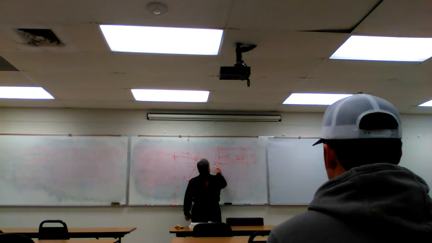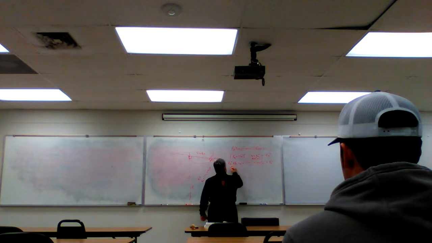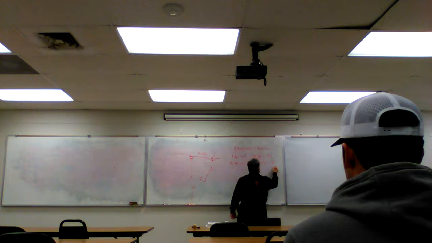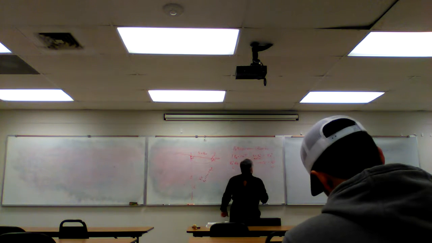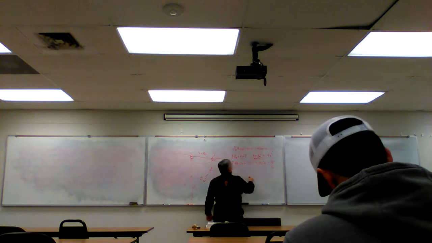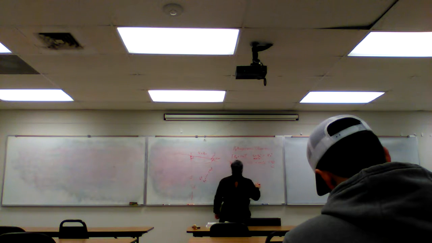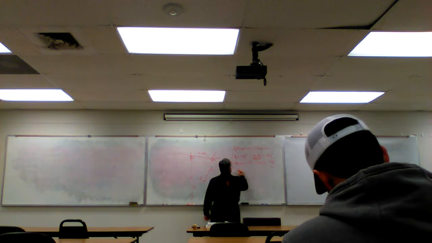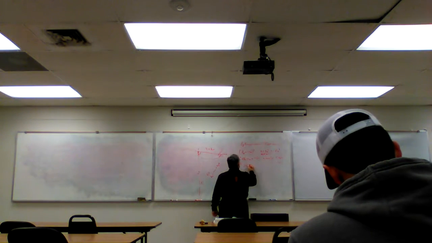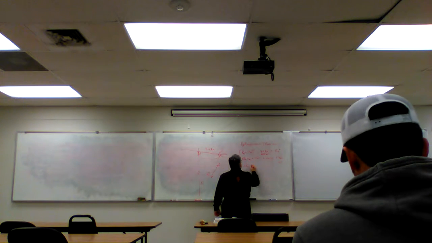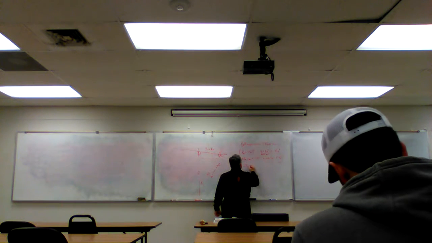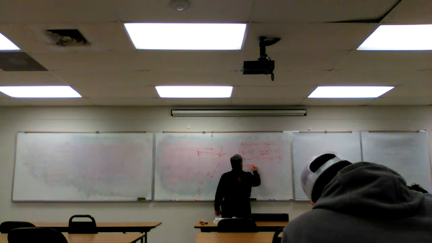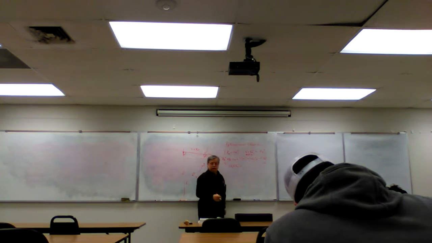So if we subtract the radius of the Earth squared from both sides, then these go away. And we're left with 2 times the radius of the Earth times 1.5 meters plus, what's 1.5 squared?